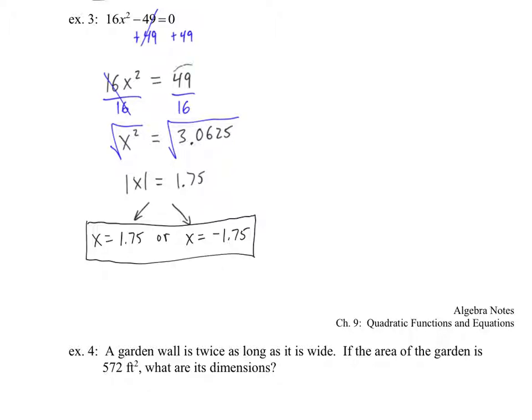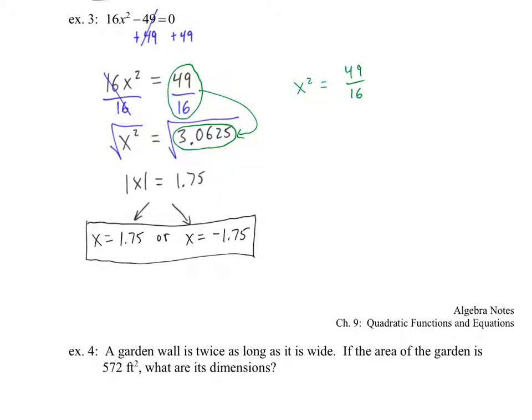If you want to do it a different way, you could not change it to a decimal. If you wanted to, you could rewrite that line as x squared equals 49 over 16. So instead of making it 3.0625, you could leave it there.